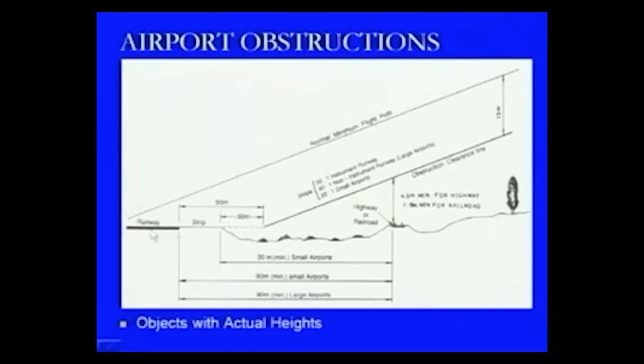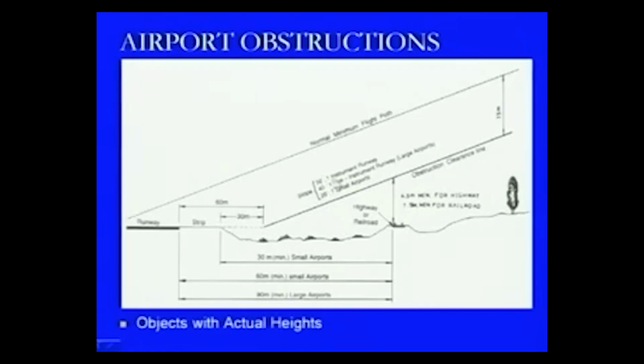Now, we are looking at this strip, and this is the clearway for the strip in this direction, and this is the distance up to 60 meters. Then from this 60 meters, we are talking about a slope, and this slope is different for different conditions.